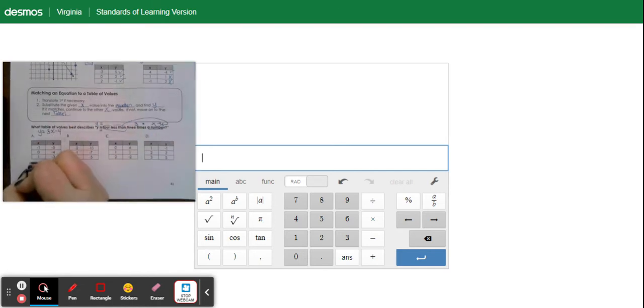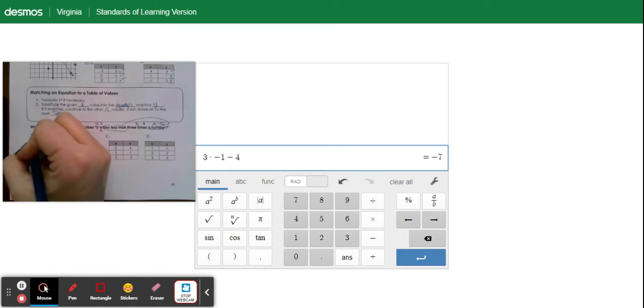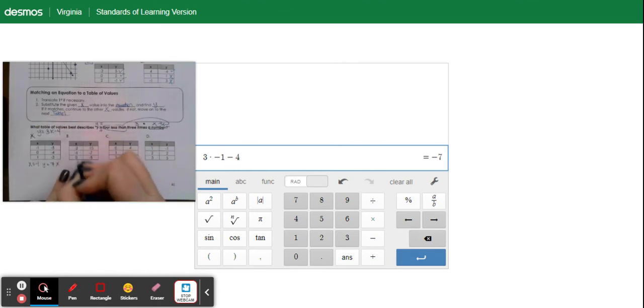Let's start here. If x equals -1, I'm going to substitute -1 into the equation. I have 3 times -1 minus 4. Oh, y equals -7, so this does not work. A is not my choice. Let's put x equals -2.